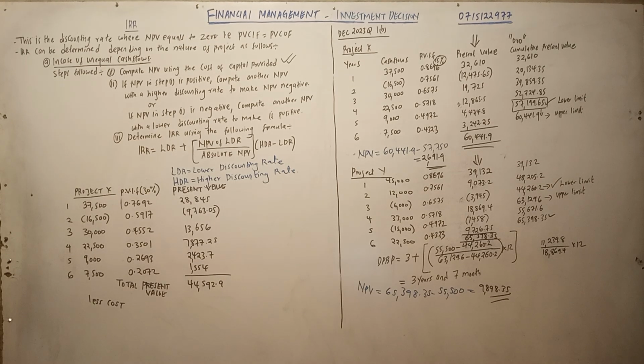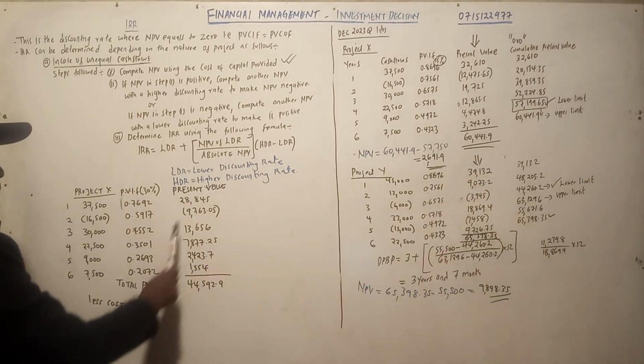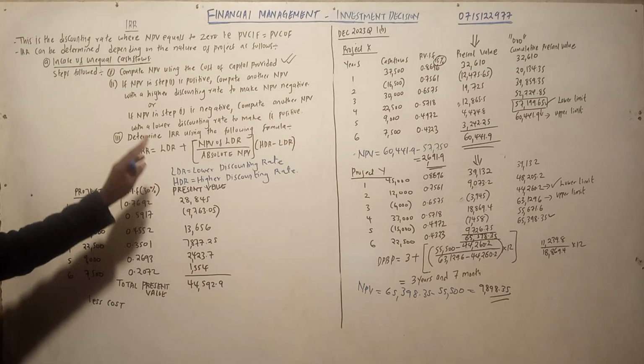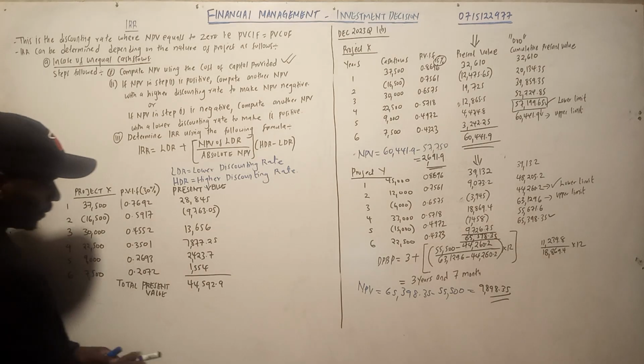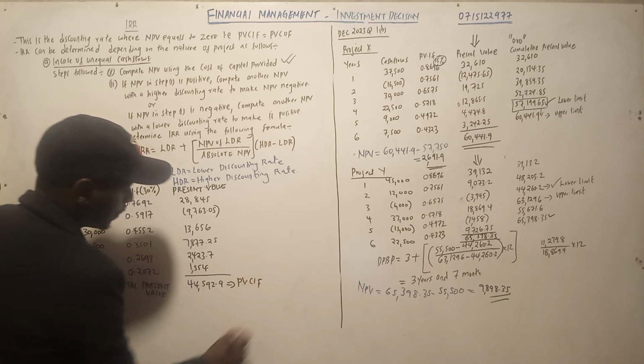So once you multiply, you get the present value. So unachukua huyu 7,500 times this figure, unapata huyo. So you multiply each. So 7,500 times this one, you get that one. So once you multiply, you add them together, you get the total present value, which is the same as saying the present value cash inflow.